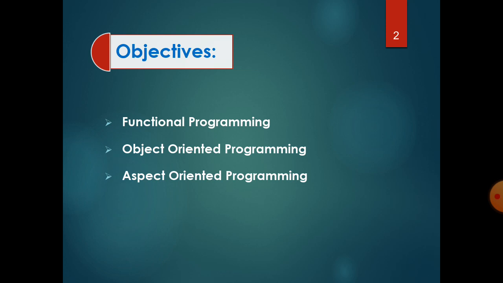And the most important thing in this lecture is that we will see how we are shifting from the object oriented approach to the aspect oriented approach. This is the basic purpose of this lecture, to provide you the argument for why we are now thinking towards the aspect oriented approach. So this is the brief objective of today's lecture discussion.